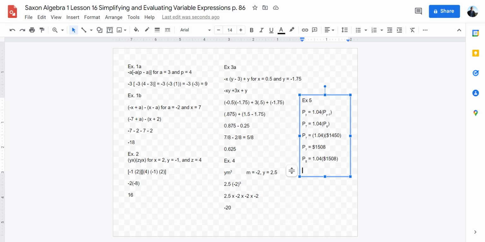This one does have cents on it. So P_8 equals, and let me make that a subscript so we know it's not actually multiplying anything there, P_8 is $1,568.32 when I do the math there. So that's a subscripted equation. I just wanted to show you what the subscripts do.